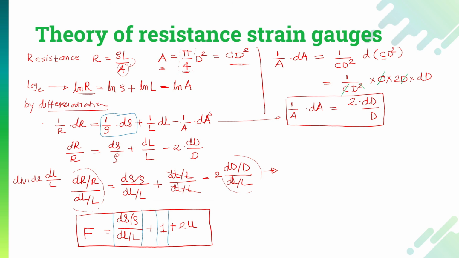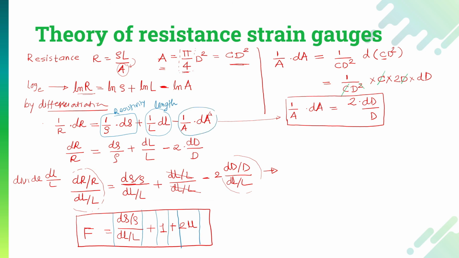But still, what is this particular part? This particular part is basically the resistance change due to the length change. This was basically the resistivity change, this is basically the change of the resistance. And the third element you can see over here is basically due to which particular part?